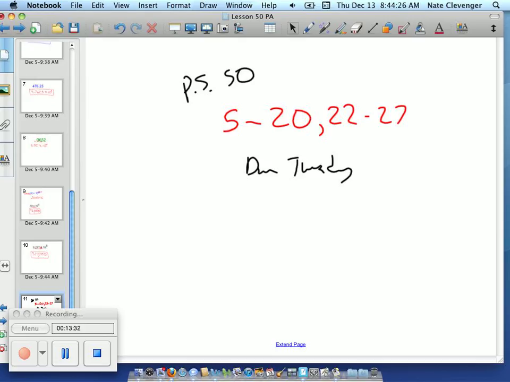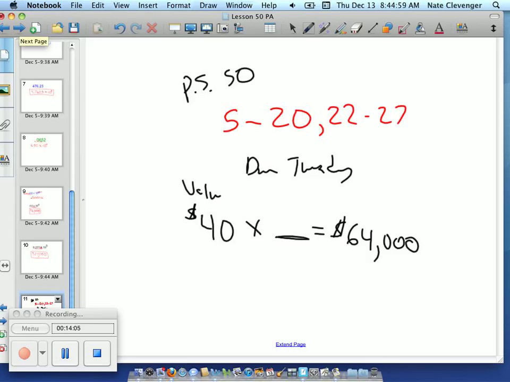It's kind of a grouping problem, where the 64,000 is the total, and then the groups are the stocks, and the value of each stock is what, 40? Yeah. $40 times our missing value. We don't know how many stocks we have. We know we want to invest that much, so how would we find that missing value?